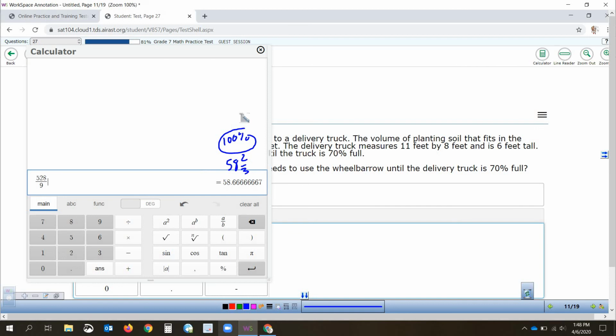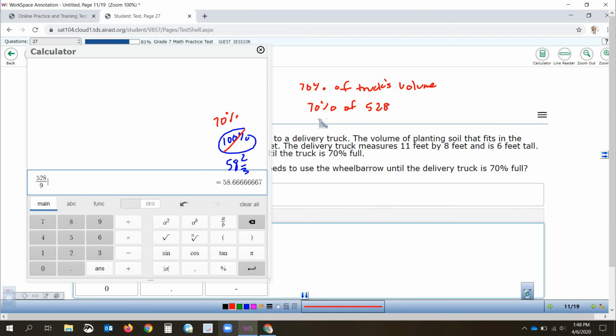But what percentage did they want? They didn't want 100%. They only wanted 70%. They want 70% of the truck's volume, right? Well, what was the truck's volume? 528.